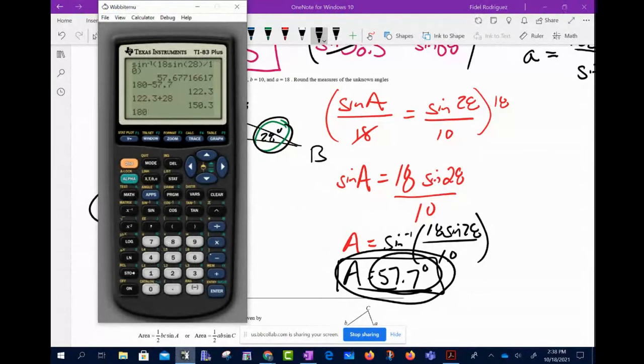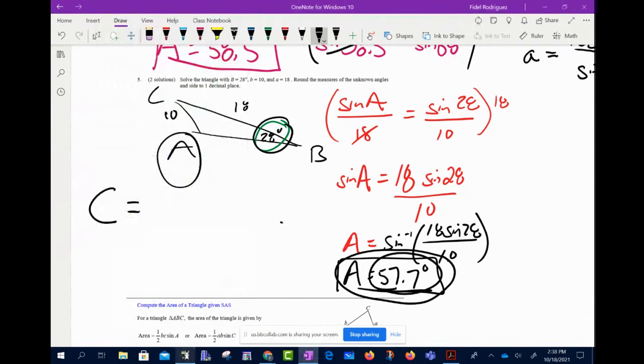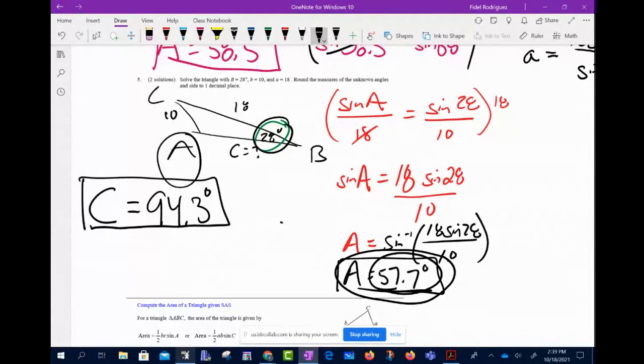So I'll go 180 minus 28 degrees plus 57.7, which is 94.3. Okay, so angle C is 94.3 degrees. And if we know that angle C is 94.3 degrees, we still need to find the side for little c.